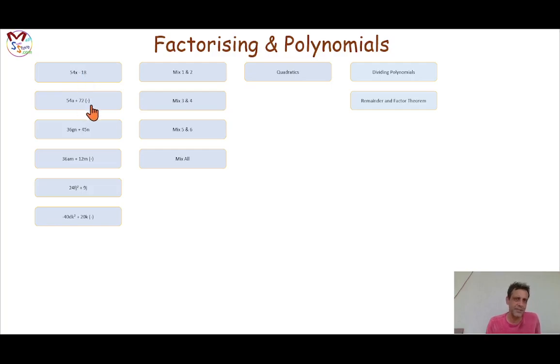We've just got 2 values here, including minuses, and then we've got 2 letters, 2 variables in there, including negatives, and then we've got g squareds and k squareds and negatives, and we can mix 1 and 2, 2 and 3, 1 and 2, 3 and 4, 5 and 6, or mix them all as they increase the levels. We've got quadratics, we've got dividing polynomials, and remainder and factor theorem.